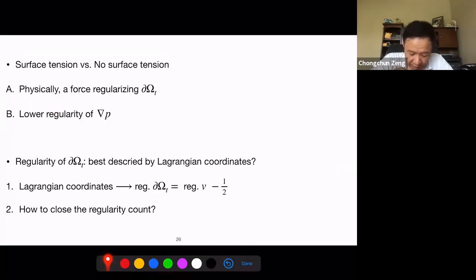Also, if you think about the Lagrangian coordinates and the boundary evolution, the boundary is transported by the velocity, and the velocity restricted to the boundary is basically the velocity regularity in the interior minus 1/2. So this gives you the regularity of the boundary if you just follow the Lagrangian coordinates. That's not good. If you combine this with the regularity counting of the gradient of the pressure, it looks even worse. So how do we close all of these regularity counts?